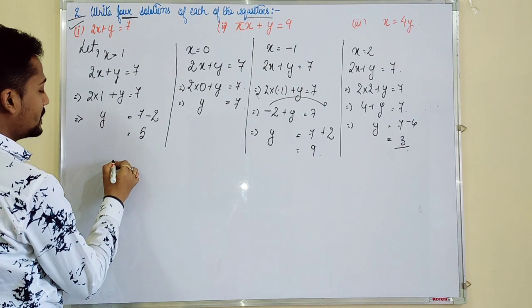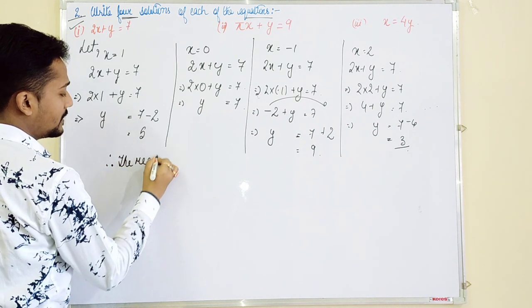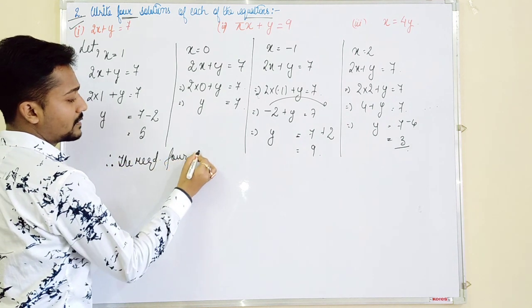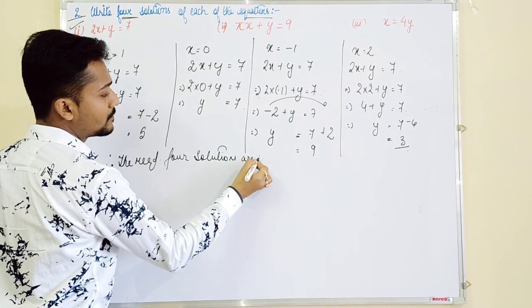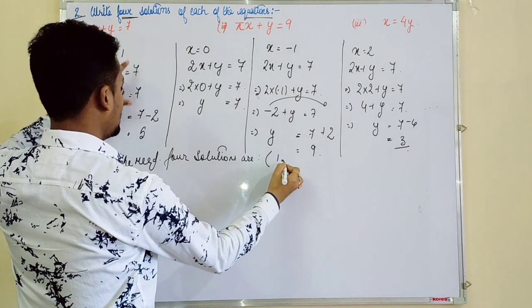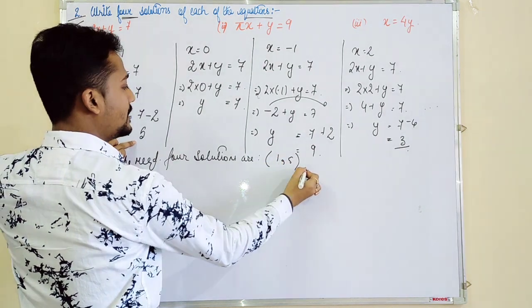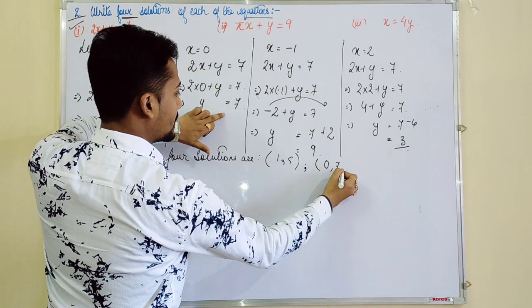So how will you write? Therefore the required 4 solutions are: when we took x is equal to 1, we got y is equal to 5, isn't it? When we took x is equal to 0, y is equal to 7. Okay.